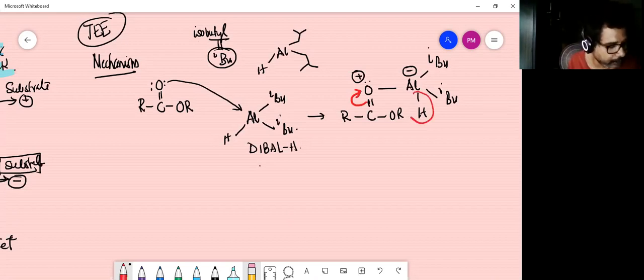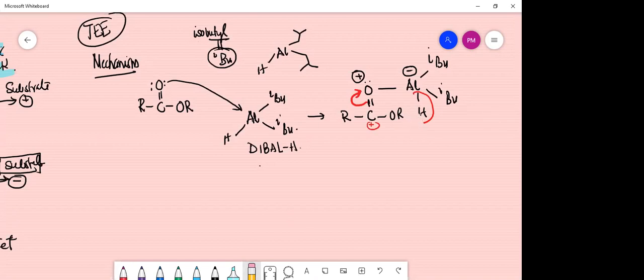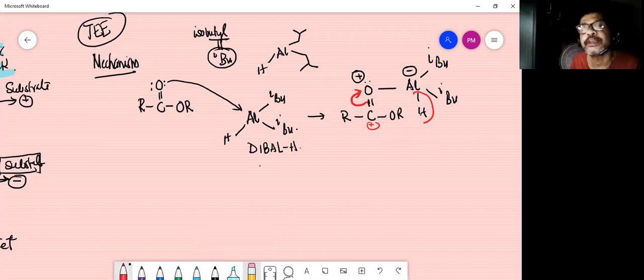As soon as this electron goes out, this carbon becomes plus. So where will the electron go now? This hydrogen with the electrons will go out here.